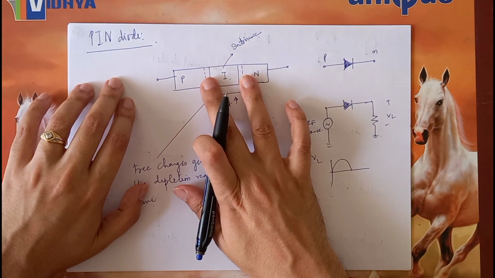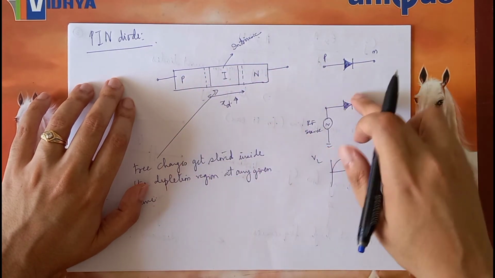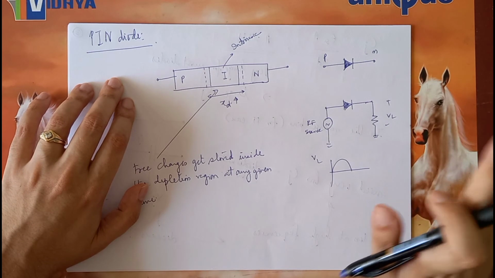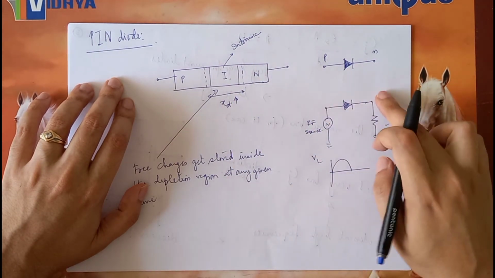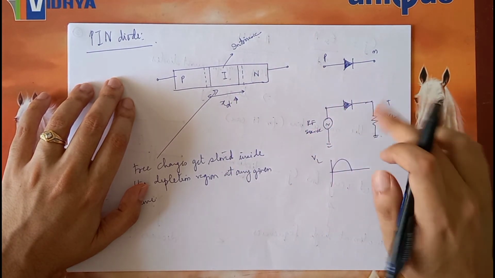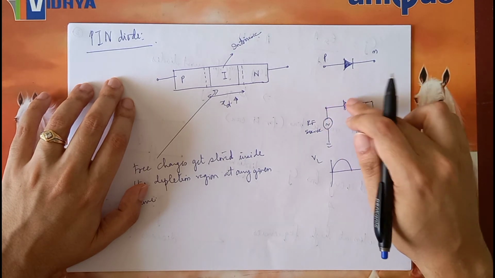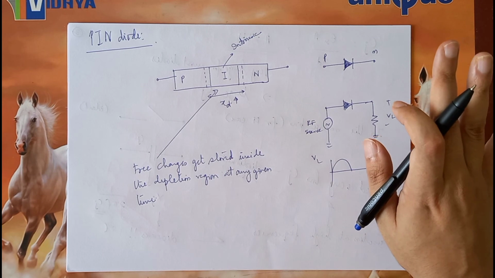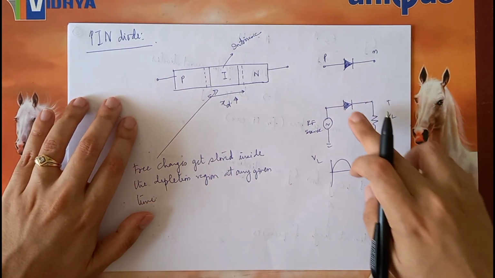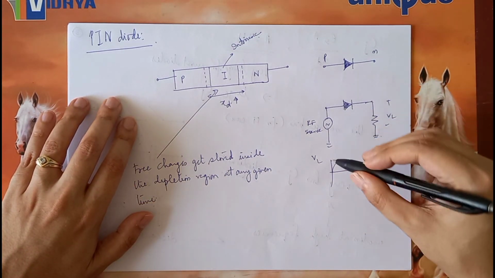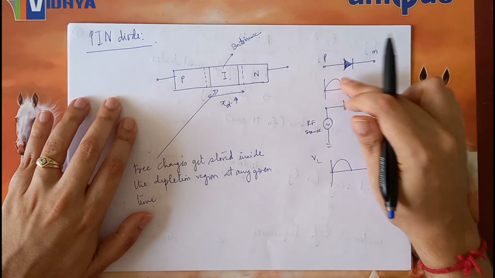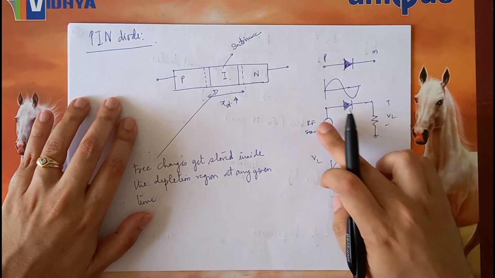Although the depletion region is there, it will pass charges. In the on condition, the question of the speed of charges does not matter, or how many charges are coming. The current may change, but the diode will behave pretty much like a closed switch. And therefore, if the input is like this, in the positive half cycle, the output voltage will try to follow the input.